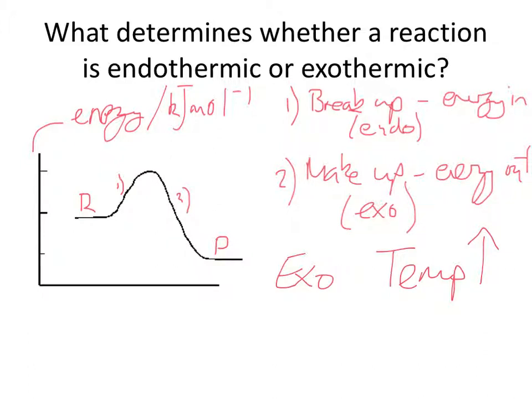Now I should also mark delta H on this diagram. So it comes level from the reactants, delta H. Dreadful writing, but it goes down level with where the products are.